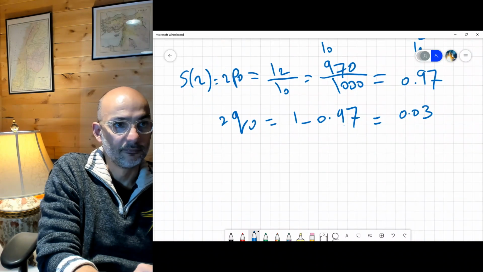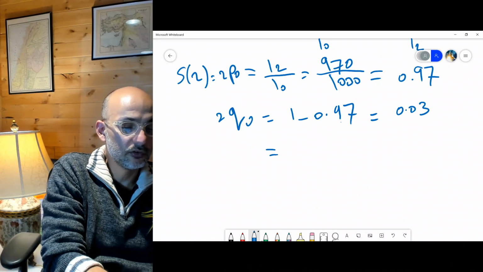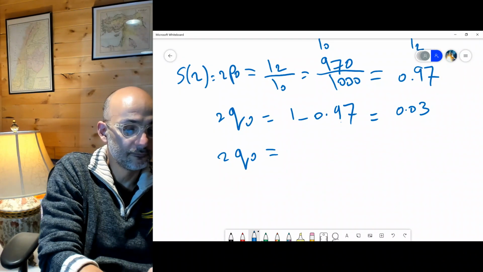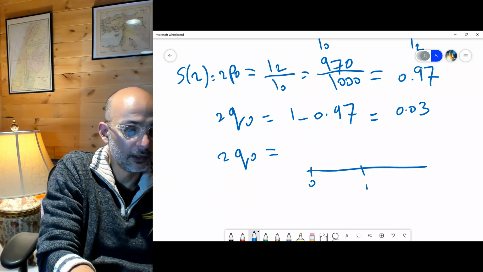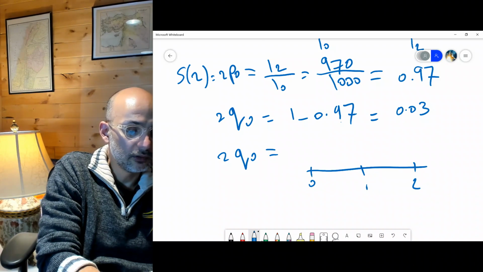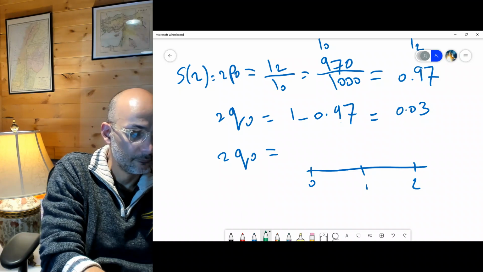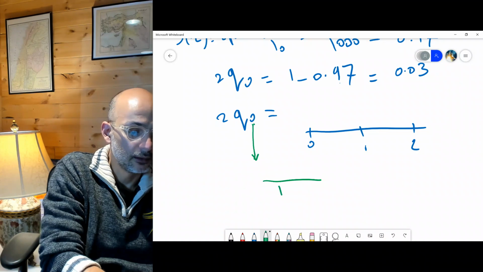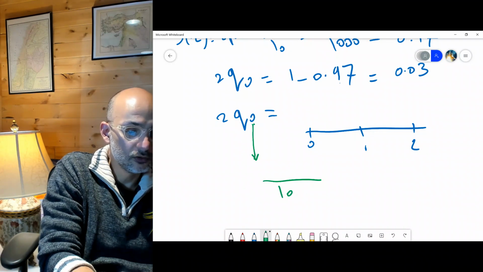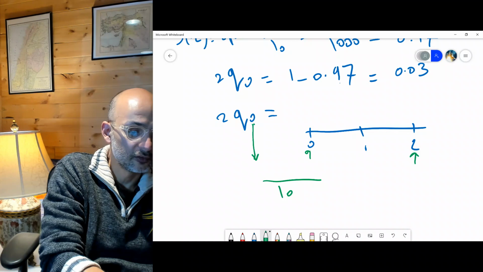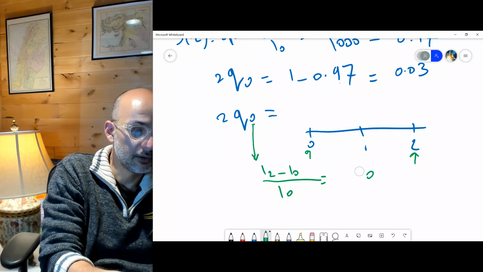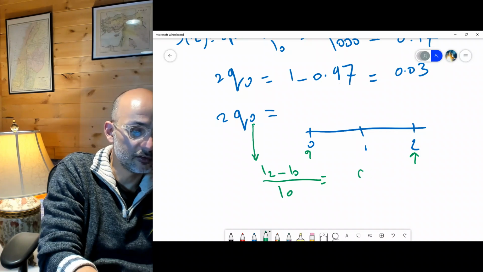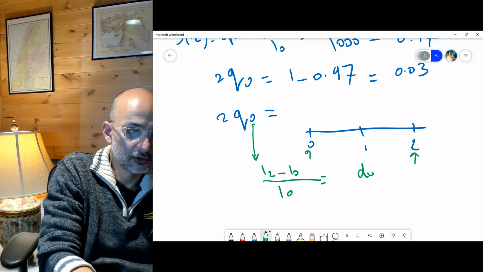Simple. You can also think about 2q0. If this is your 0, 1, 2, you look at this one and put it in the denominator, L0. Then you look at this minus this, so it will be L0 minus L2. If you do it, it will give you the same. And remember what L0 minus L2 is? This is D0 plus D1 over L0.